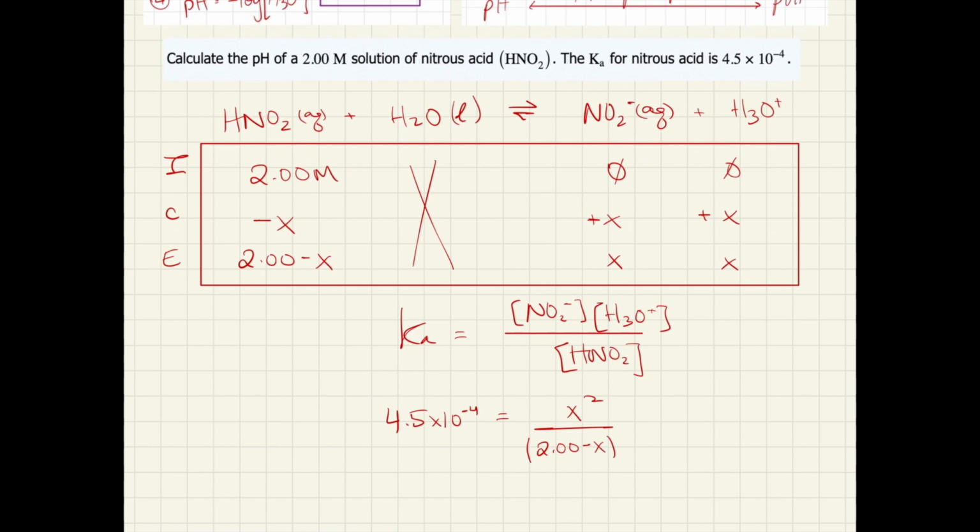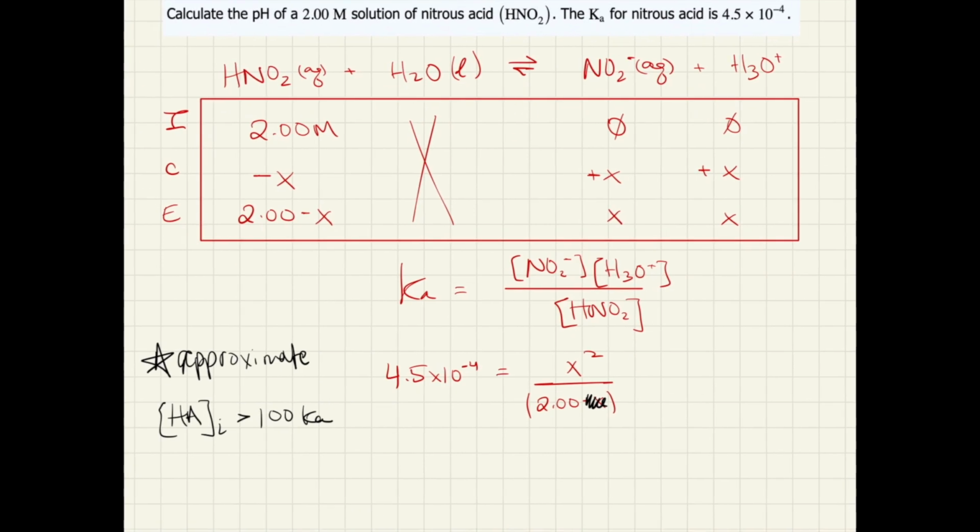But there's a rule of thumb that you can use to approximate x, and it makes your life a lot easier. If the initial concentration of the acid, or the thing that's dissociating, is greater than 100 times the Ka, then any difference of x is insignificant, and all of a sudden we don't have to use the quadratic equation.